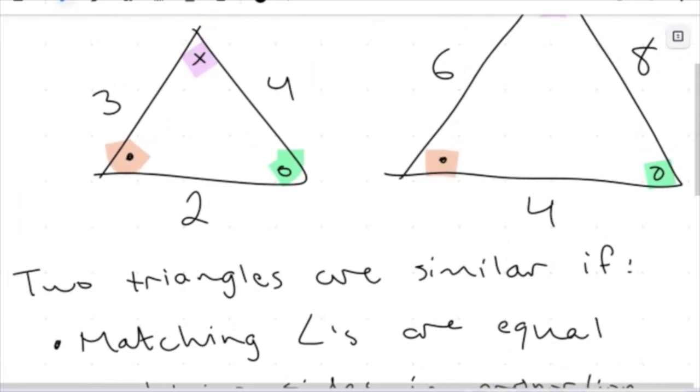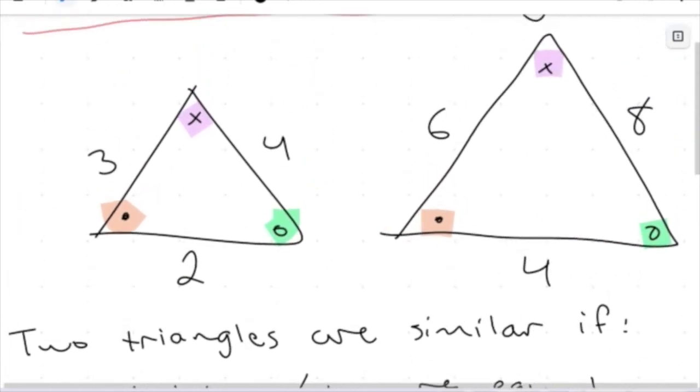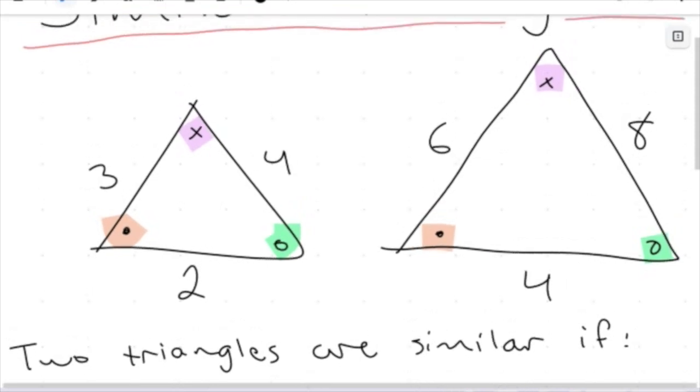So let's just check if these two triangles are similar. Well, we already know they're going to be similar because their angles are the same, but let's just check if all the sides are in proportion to one another. If we consider this side 2 here, the 4 is 2 times more than that. The 3 here, the corresponding side on the bigger triangle, 6 is 2 times more than 3.